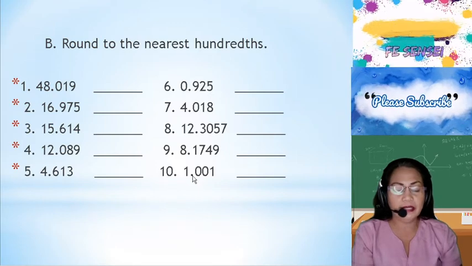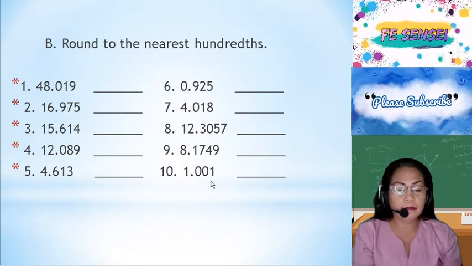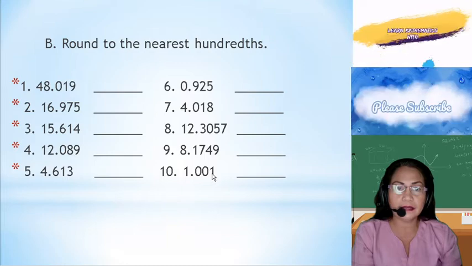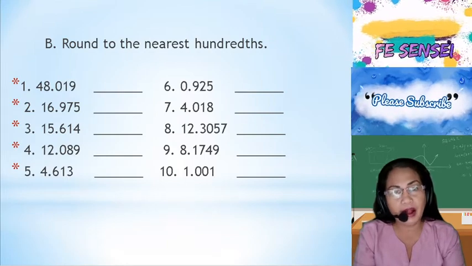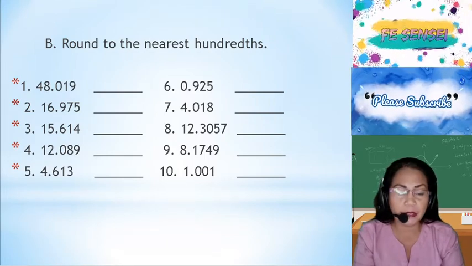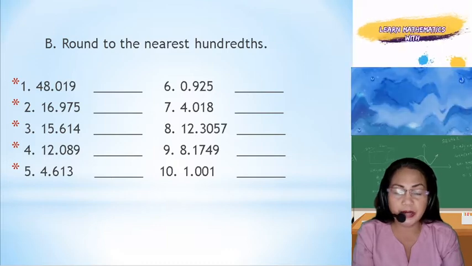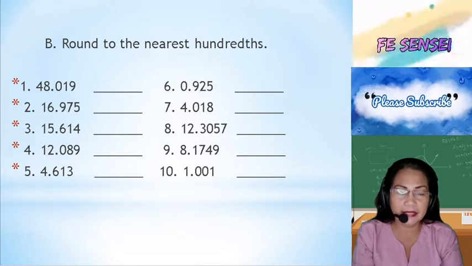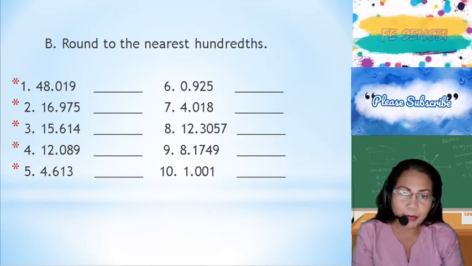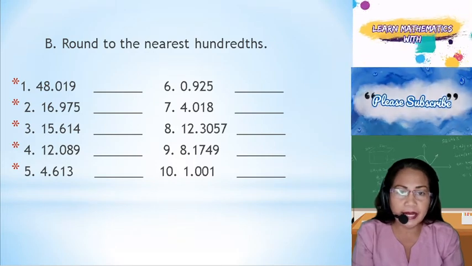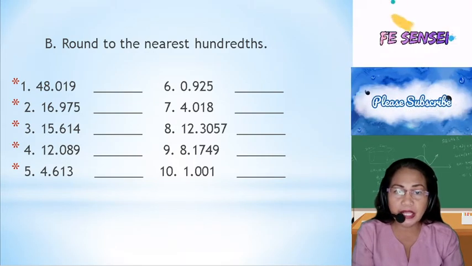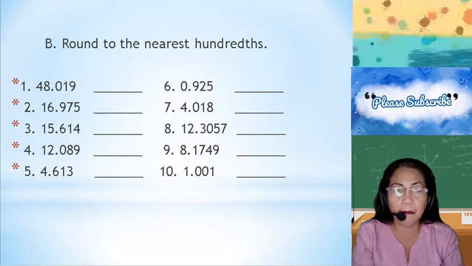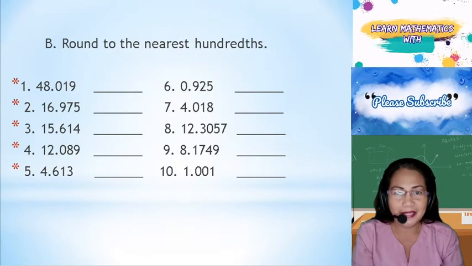And number 10, 1 and 1 thousandths. Remember, you are going to round off these numbers to the nearest hundredths place. Remember, your answers should have only 2 digits after the decimal point. Got it?